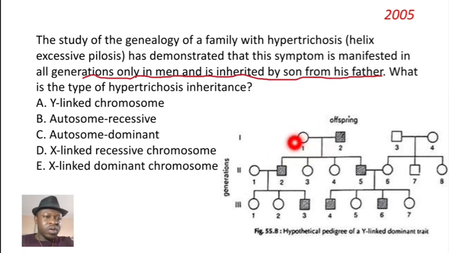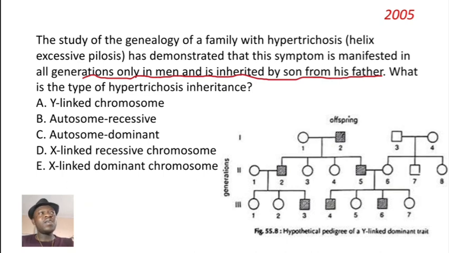You can see the mother is healthy, but the father has hypertrichosis, right? Their offspring, all the girls are normal, but all the boys have hypertrichosis, right? Even if this guy gets married to a healthy lady here, because she's from another family, the children, all the boys will have the same condition, right?